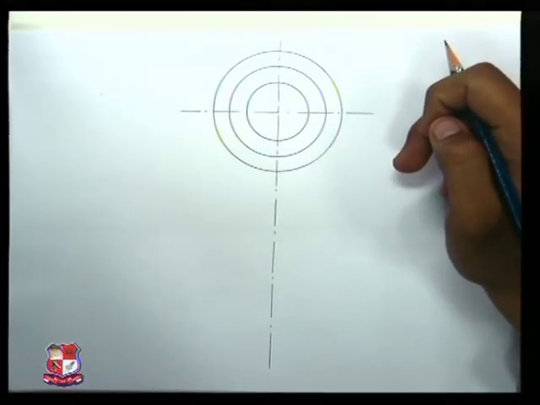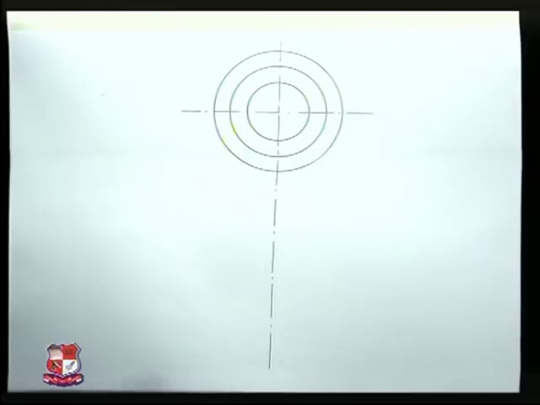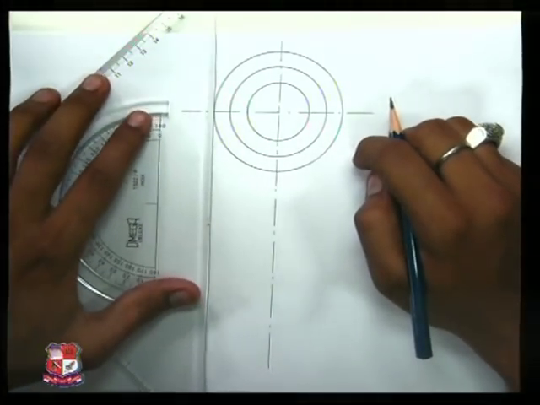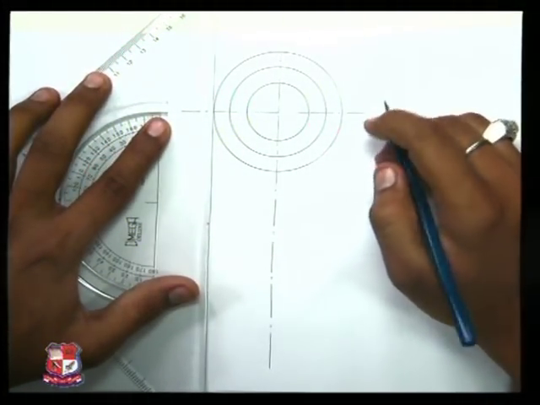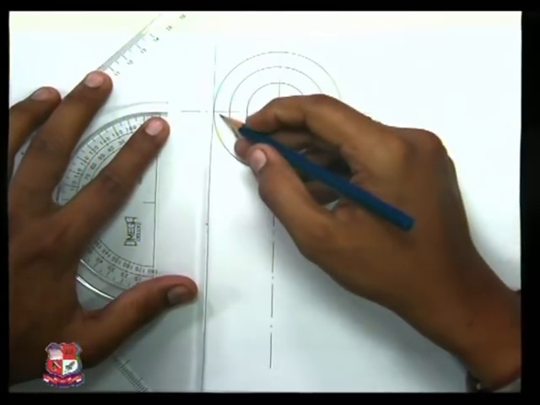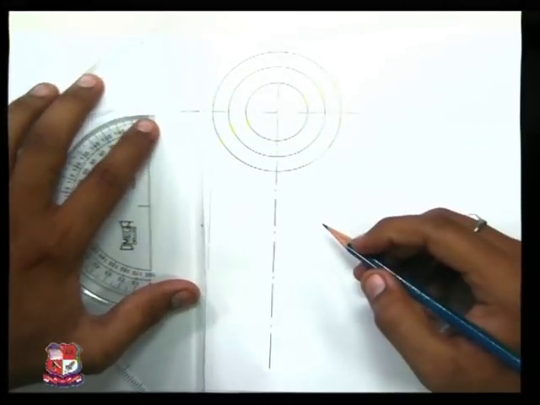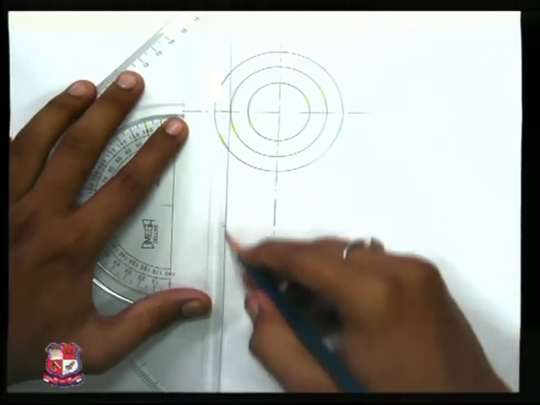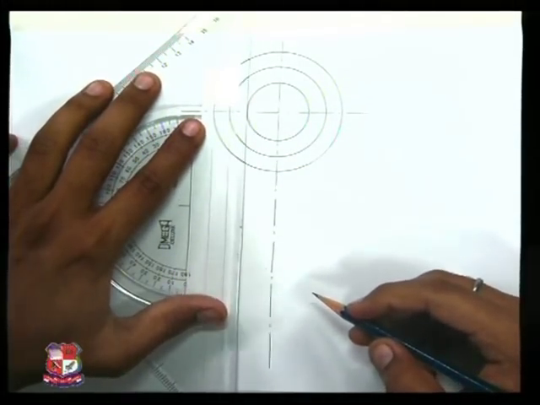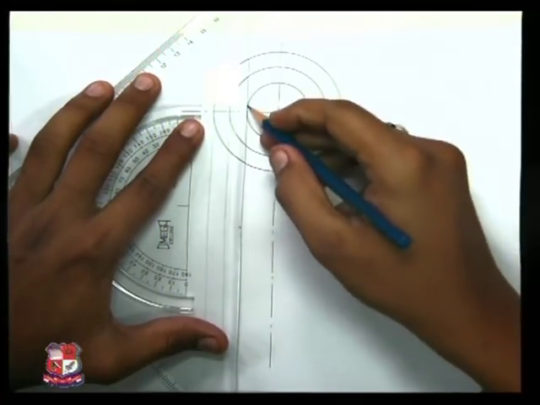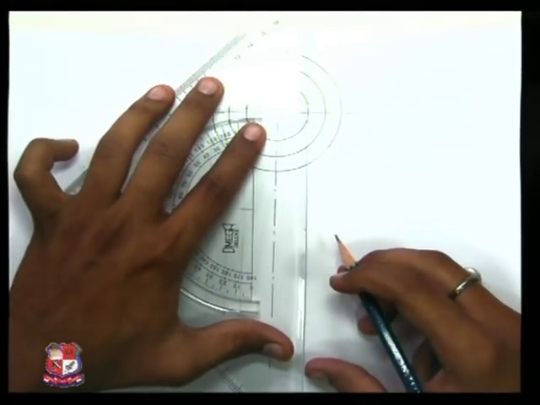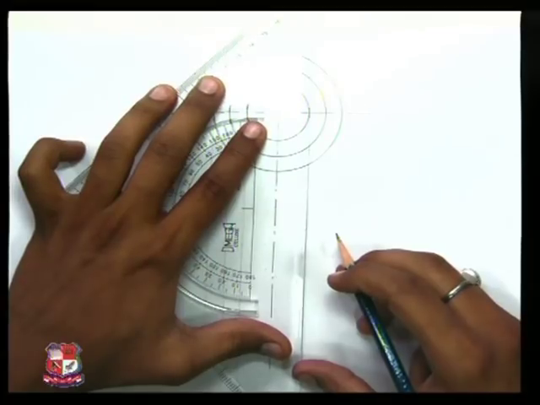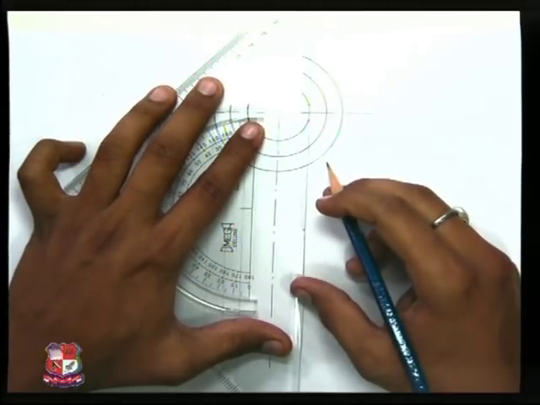Now I'll show you the use of the continuous thin line. Continuous thin line means the projections. Projections should be visible to the draftsman only.